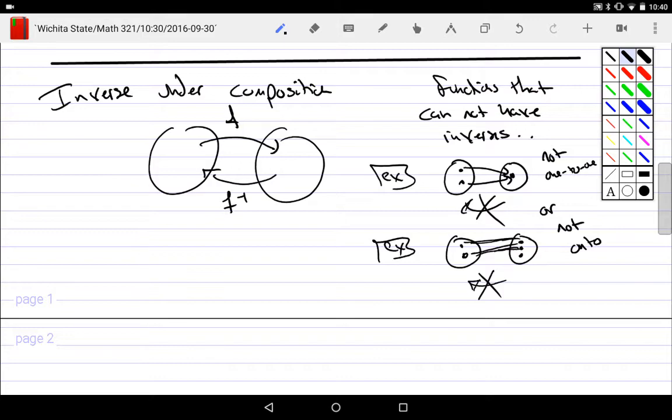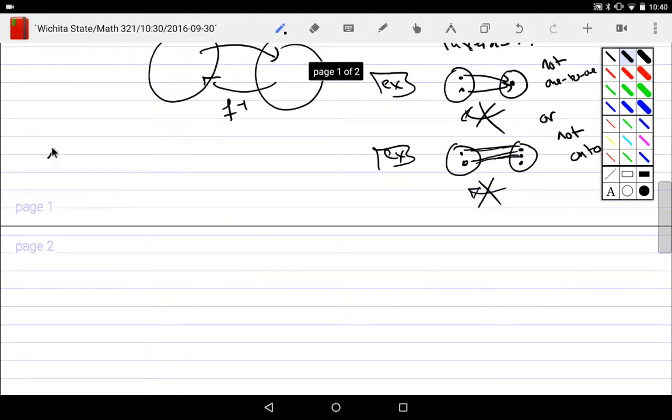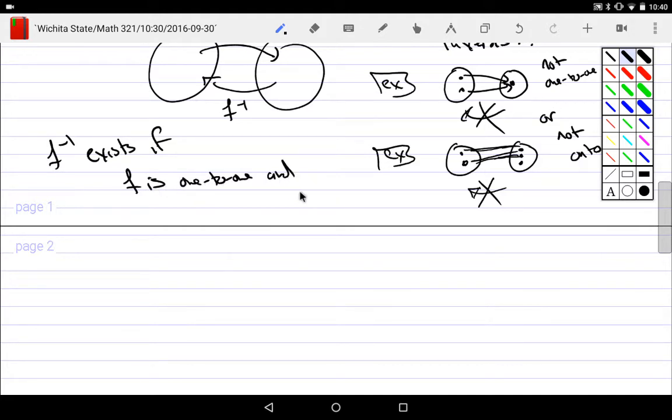So what would be the negation of that statement? The or would become an and and the nots would become not nots. So what would it mean? f inverse exists if f is one-to-one and onto.